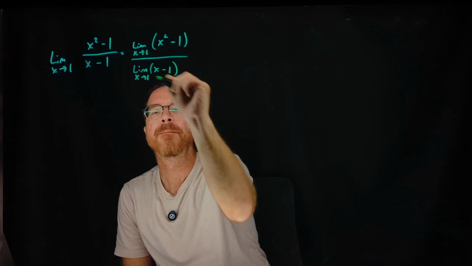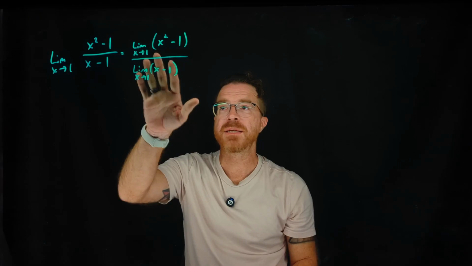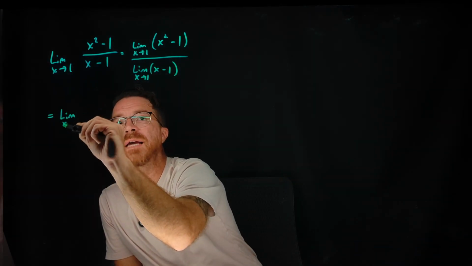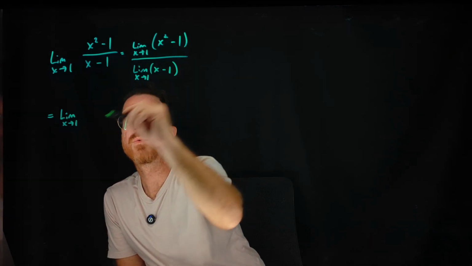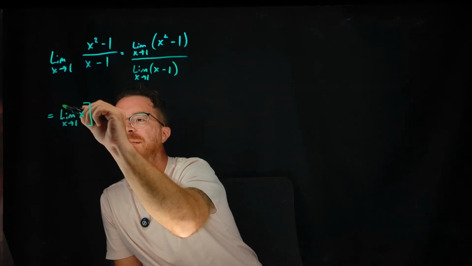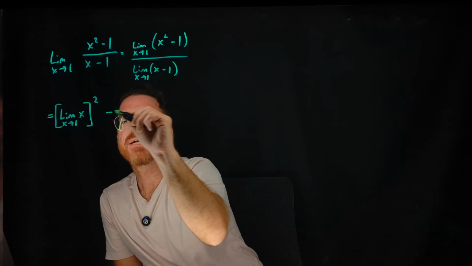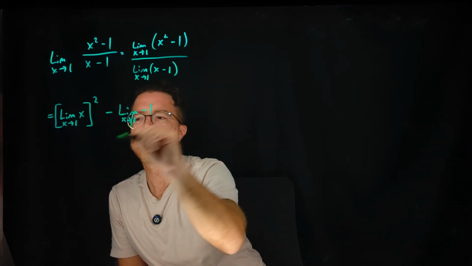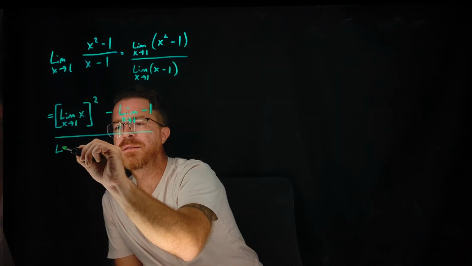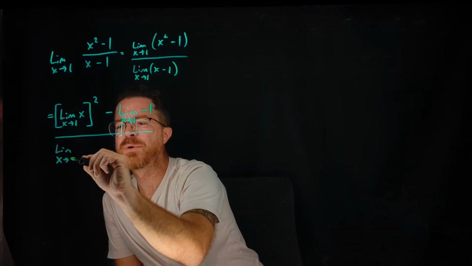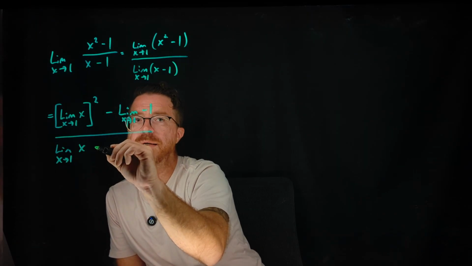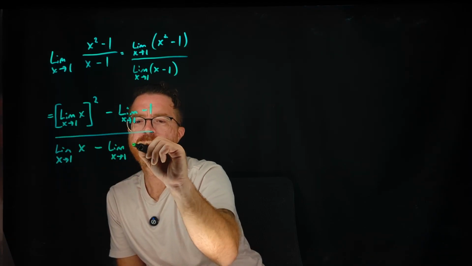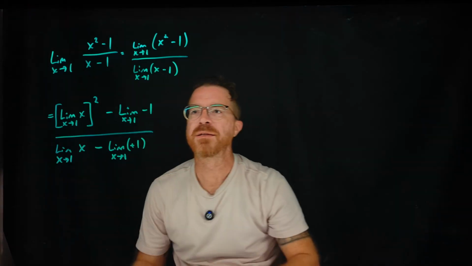x minus 1. Now, if we were to split this, we're going to end up with the limit as x approaches 1, x squared, so this is going to be the limit on x, the whole thing is going to be squared, minus the limit as x approaches 1, -1, divided by the limit as x approaches 1, x minus the limit as x approaches 1 plus 1, because I pulled the negative out.